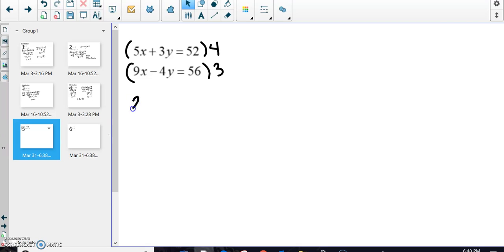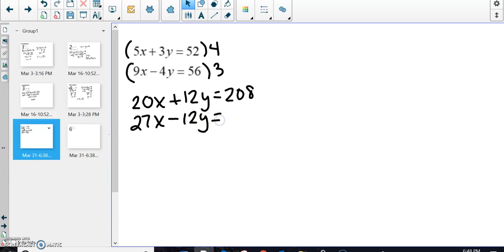This is going to give me some big numbers, but I'm still going to be able to eliminate the y's. So I would have 20x plus 12y is equal to 52 times 4, which gives me 208. Then multiply the second equation by 3, and I'm going to have 27x minus 12y is equal to 56 times 3, and I get 168.